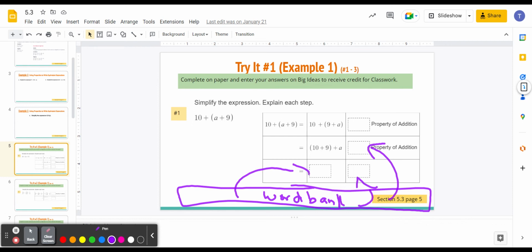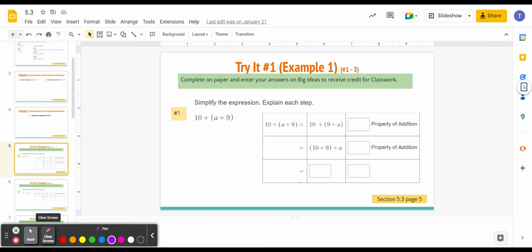They're looking for certain ones and all you're doing is dragging. But if you have your printed out notes, you're actually going to add these in here. You do need to write this the way you see it on your paper. If you have the printed out notes, you're not going to have to do that, which is great. You just have to fill it in.